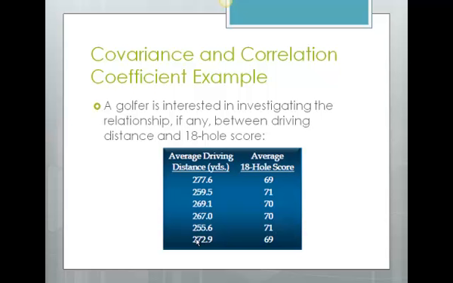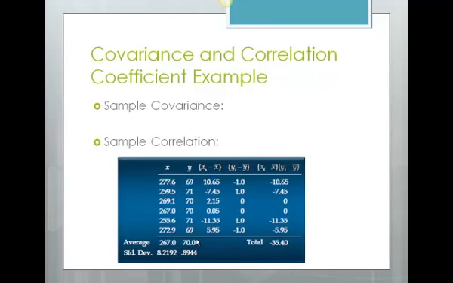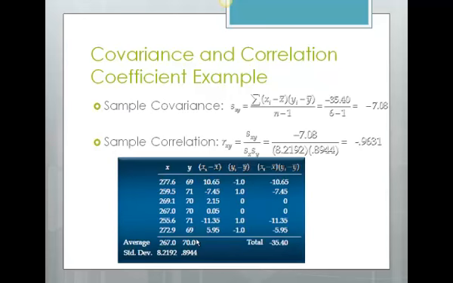Okay, so here's an example. A golfer is interested in investigating what relationship, if any, exists between driving distance and an 18-hole score. So he calculates the sample covariance and comes up with a negative number. That indicates that there's an inverse relationship between the distance and score.